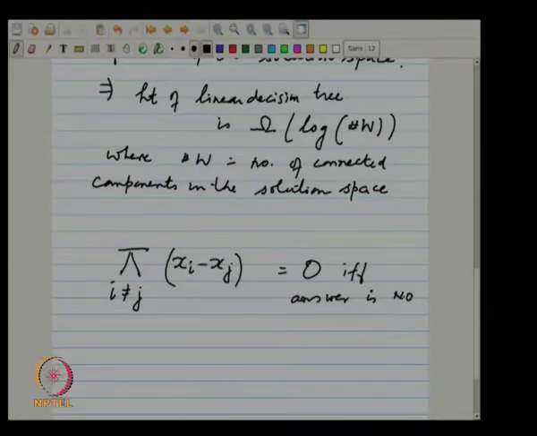Exactly. This is precisely the reason why proving lower bounds on the linear decision tree model may not be adequate. You would like to actually prove lower bounds using more realistic operations. That is why last time I mentioned these words, or even today I mentioned them.